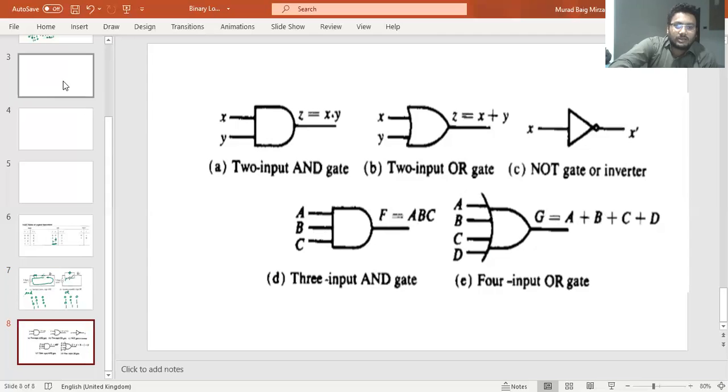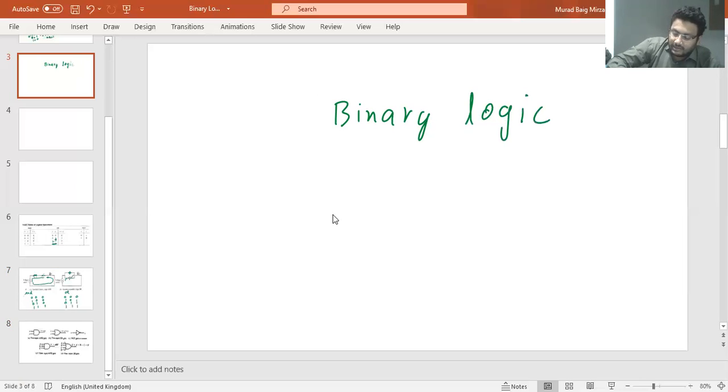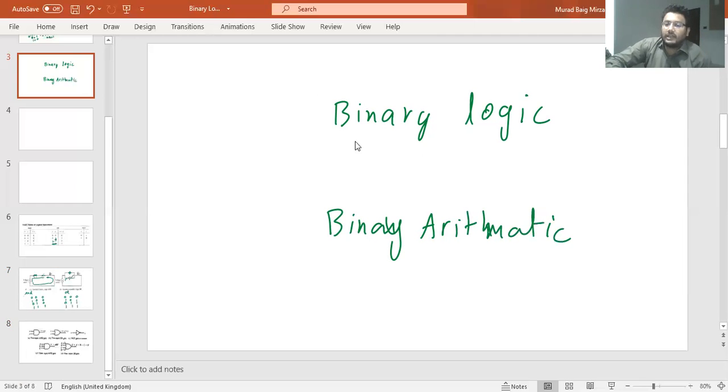Now I will tell you a little difference between binary logic and binary arithmetic. In binary arithmetic, we know that 1 plus 1 is equal to 10, which represents 2. If we represent this 10 in decimal form, it gives us the answer 2.